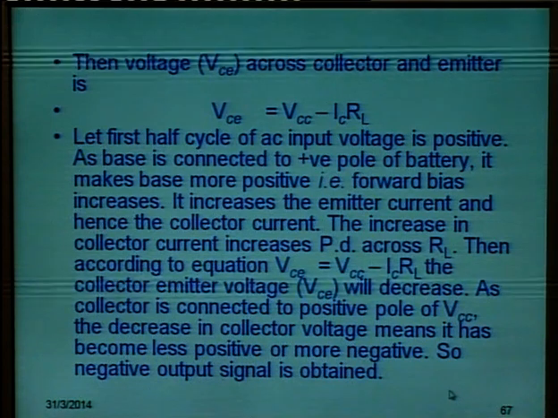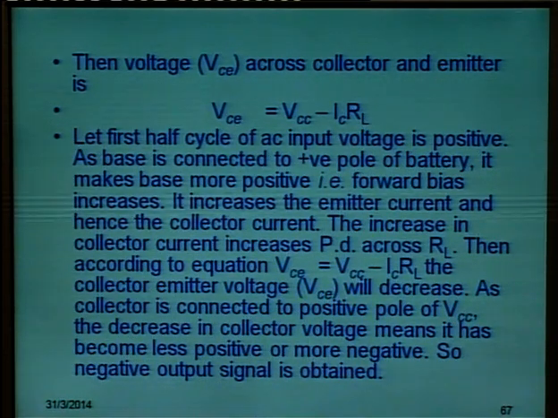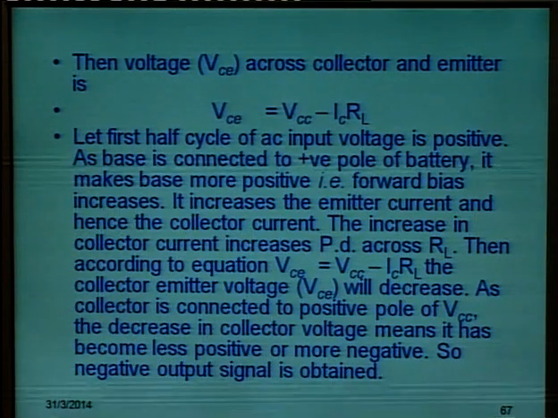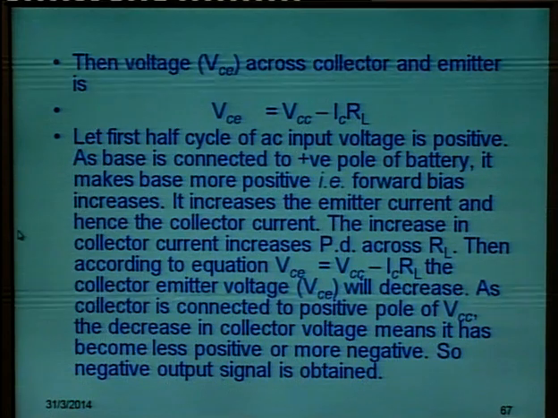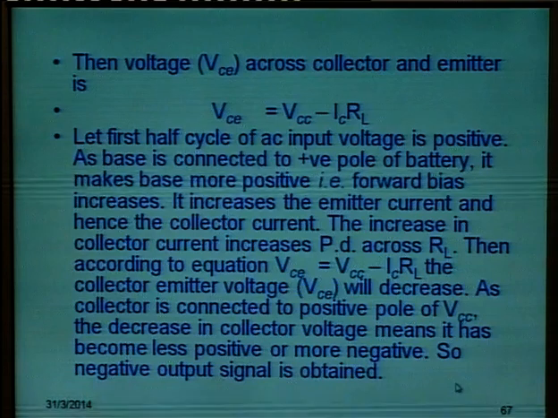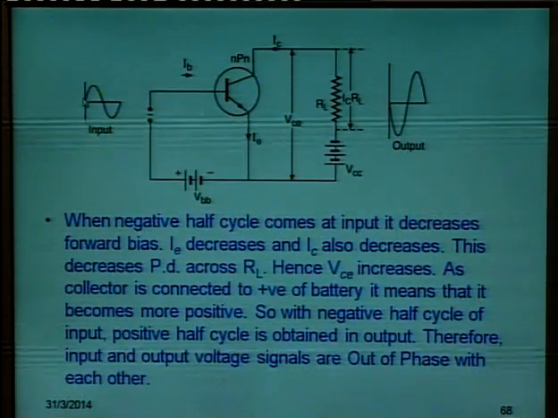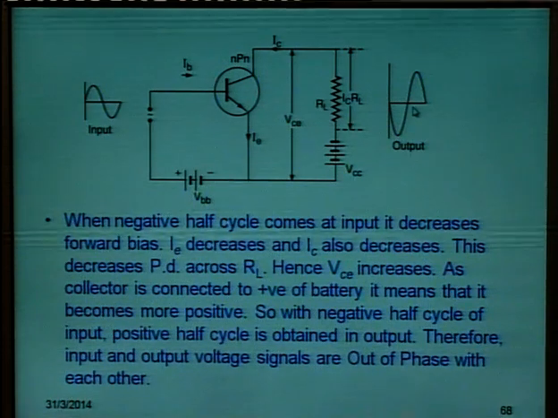As collector is connected to positive pole, the decrease in collector voltage means it has become less positive. Less positive means more negative. So, this means when there is a positive half cycle in the input, you get a negative half cycle across the output.